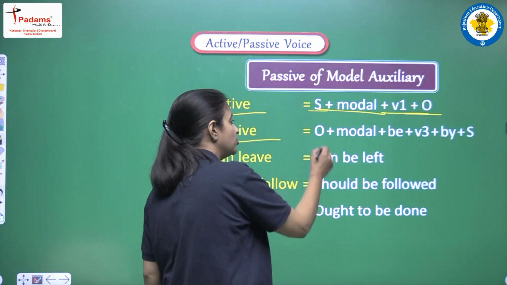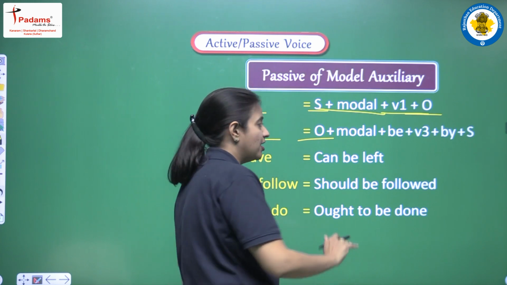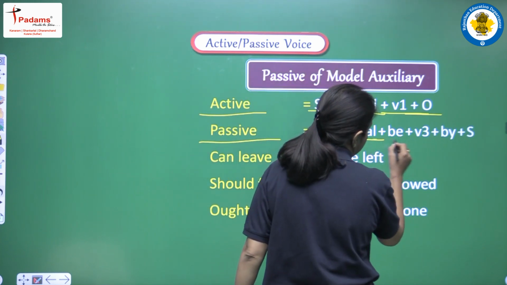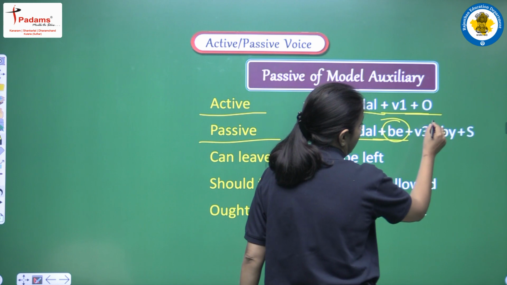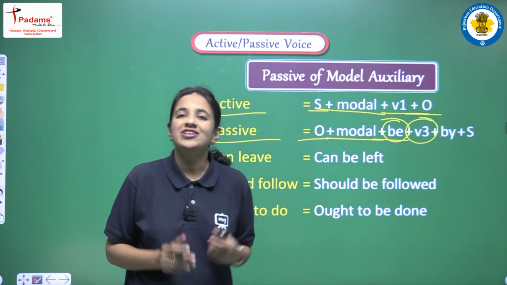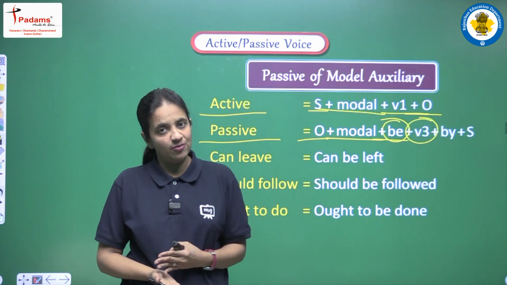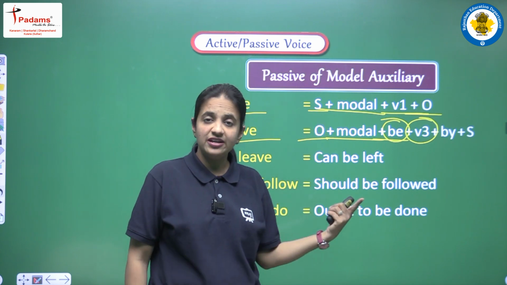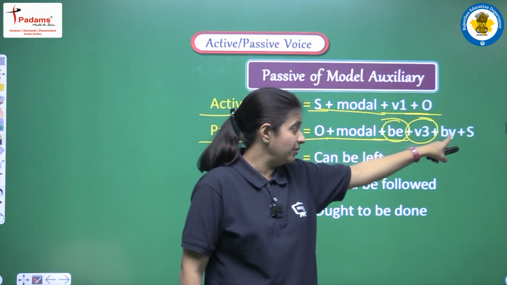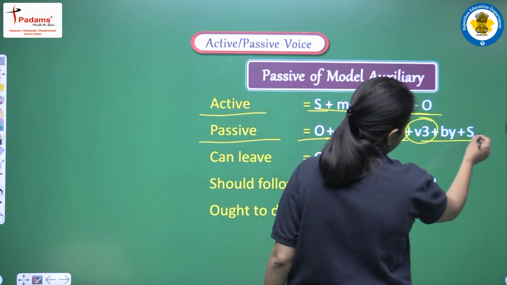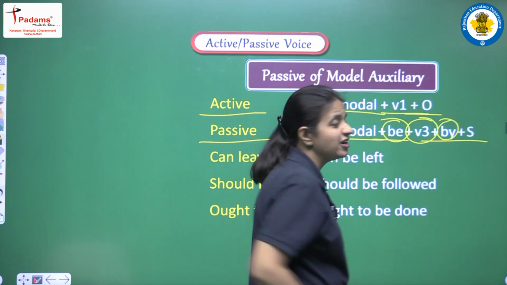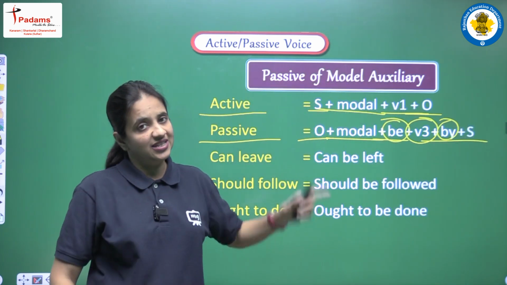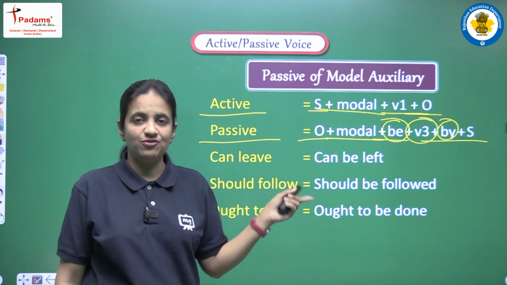First of all, we have to write the object, after that the modal, and we have to add be, and as we all know, always we have to write the third form of the main verb. And in the end of the sentence we will write the subject, and before that we have to add by. So this is the structure of the passive voice that we have to follow.